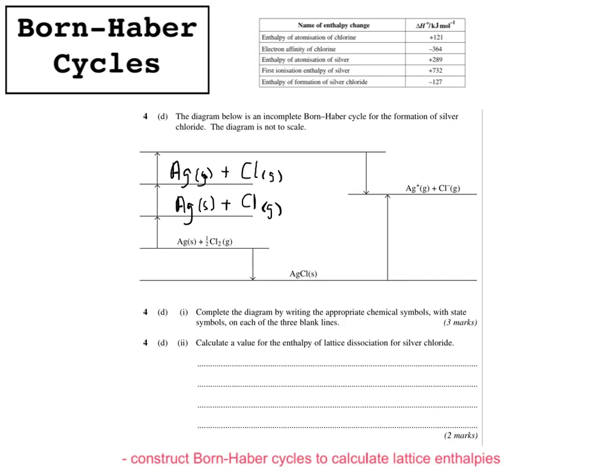And that's also going to take energy, so we're going up the energy scale here, using energy each time we go up. Another step that would take energy is the first ionization enthalpy of the silver. So there you're going to form Ag plus, which is a gas, plus Cl, which is a gas.